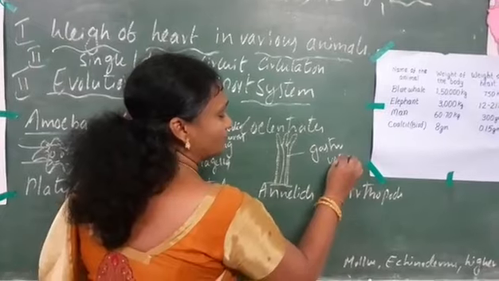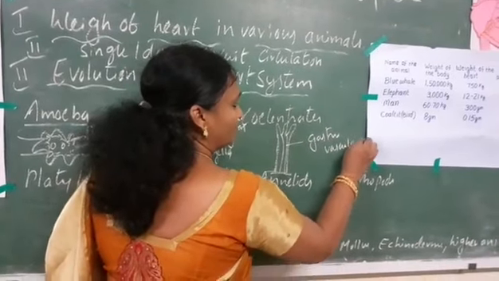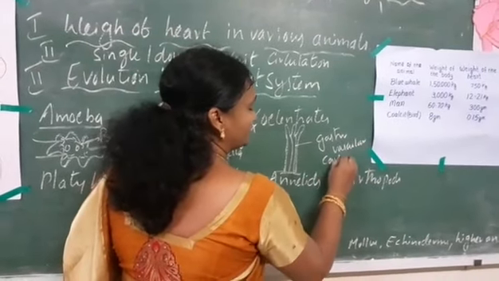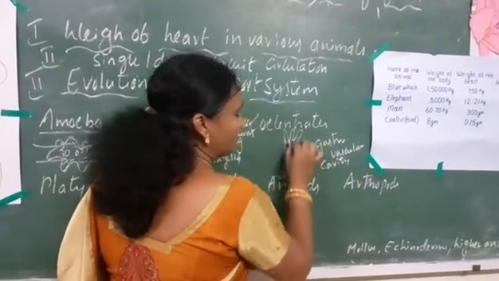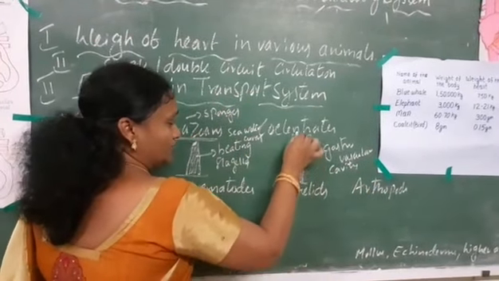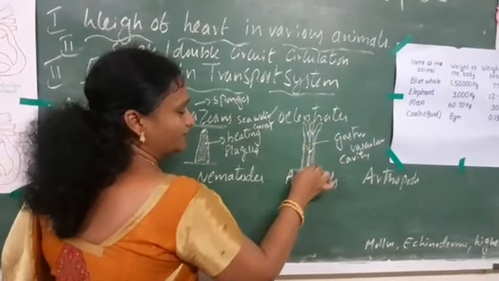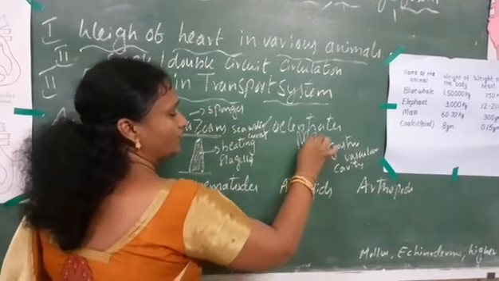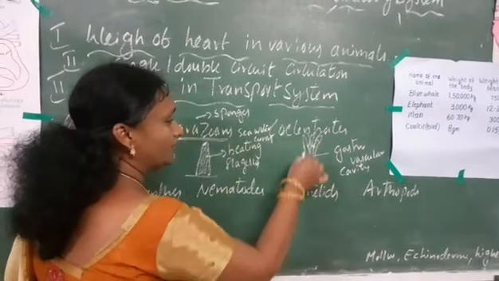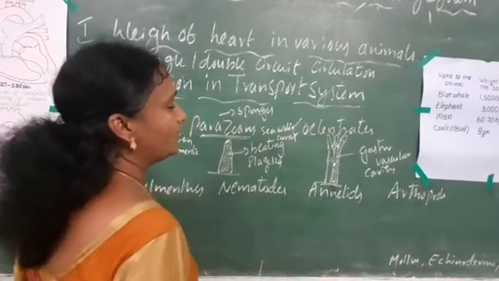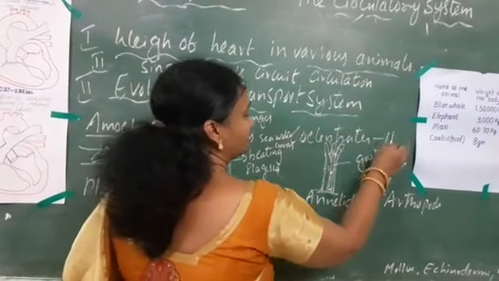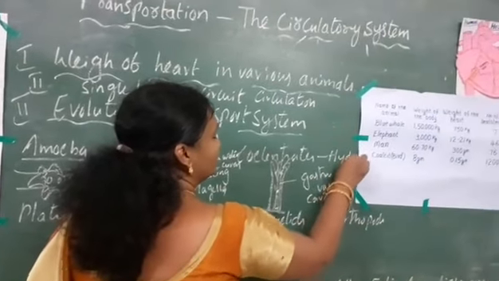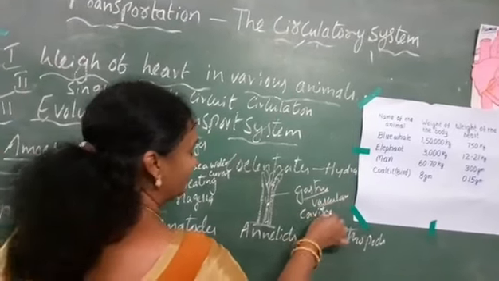This gastrovascular cavity is helpful for transport of substances to each and every cell of the body. The ingoing water brings the food and oxygen, and the outgoing water sends out the waste material in the coelenterates, that is the hydra. Hydra is the example we take, which has the gastrovascular cavity.